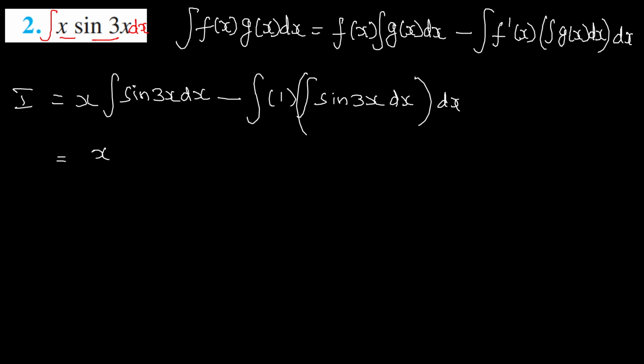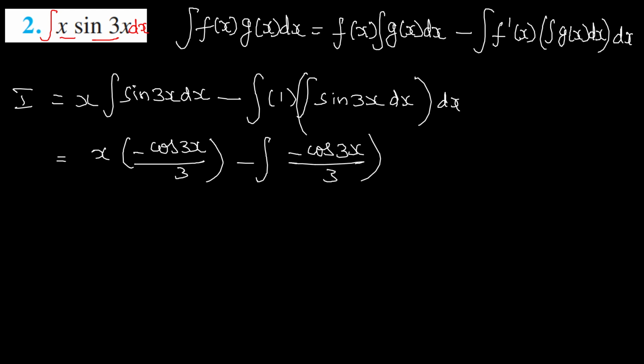Integration of sine 3x dx gives minus cos 3x by 3, minus integration of minus cos 3x by 3 into dx.